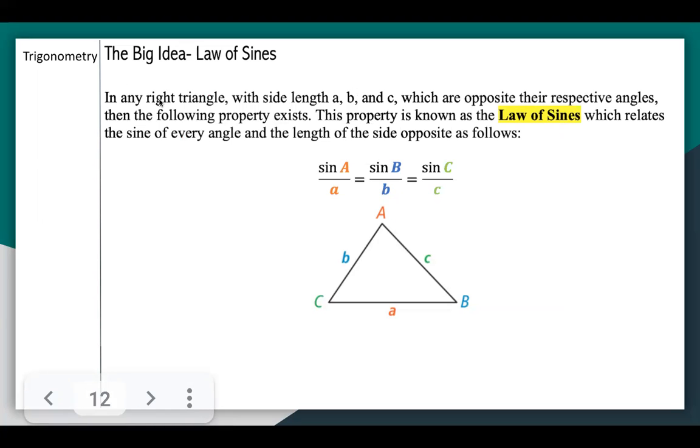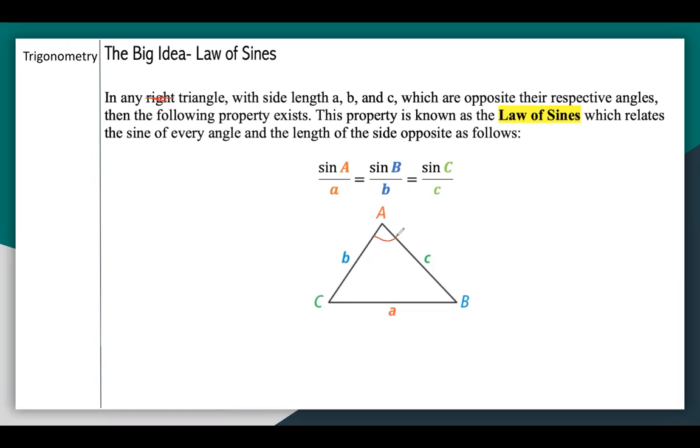Okay, although this says in any right triangle, it does follow through with every triangle that we have. This can be any triangle. So it's not necessarily any right triangle. It does work with right triangles, but in any triangle with sides A, B, and C, the following property exists.